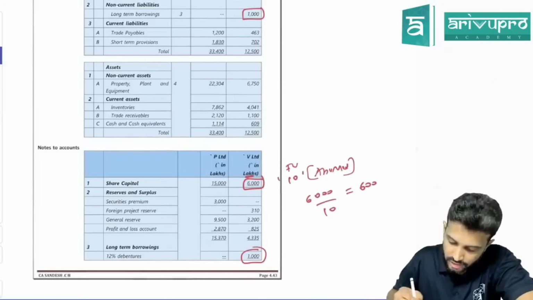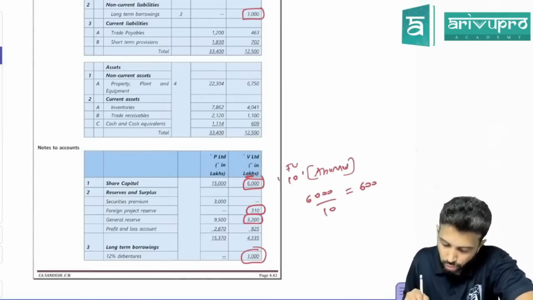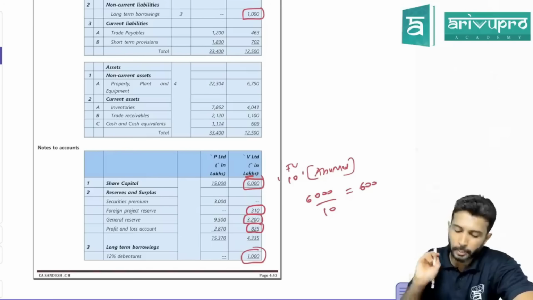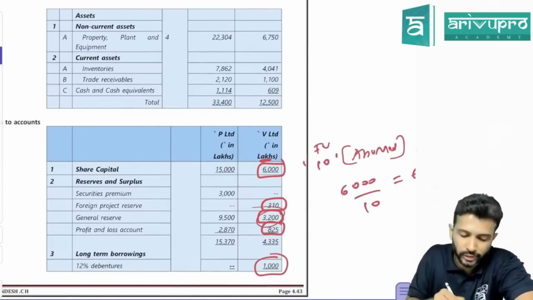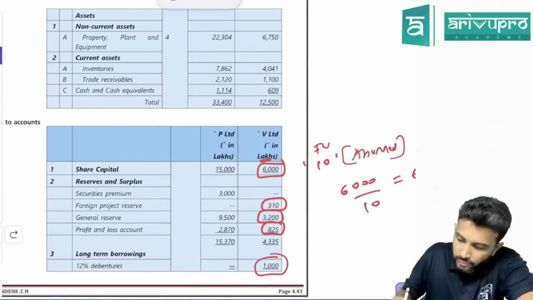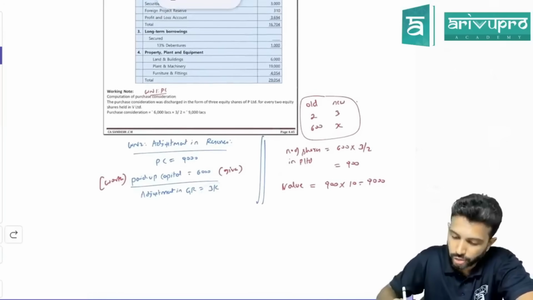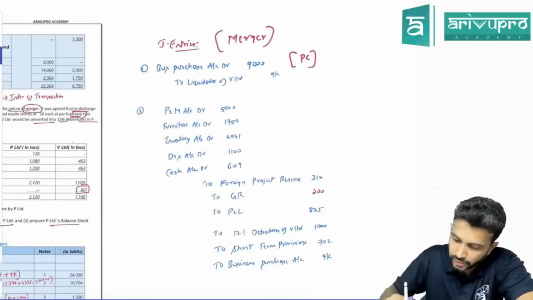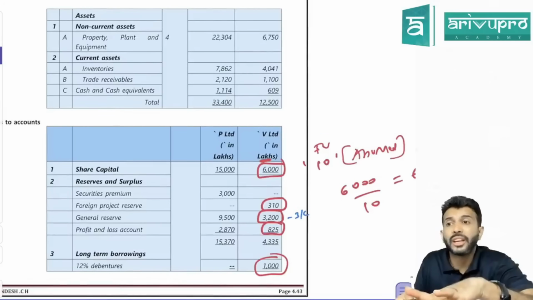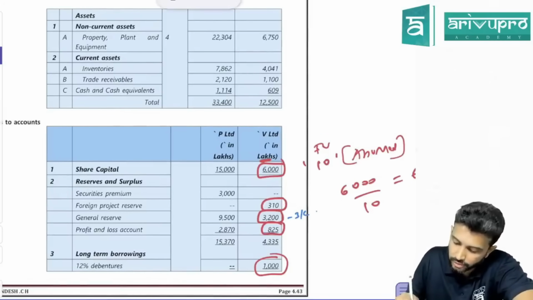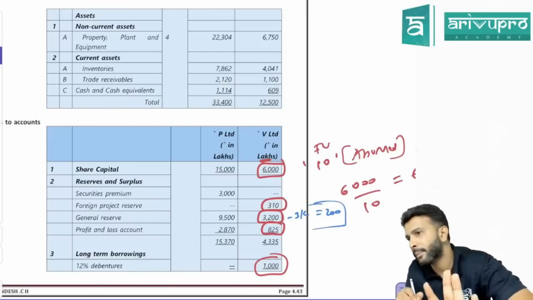What are the reserves and surplus of the selling company? Foreign project reserve 310, general reserve 3,200, P&L account 8,250. One by one you need to show, but general reserve you will not show at 3,200. Why? Sir, we have to adjust something in general reserve. How much do you have to adjust in general reserve? 3,000. So though you are taking over 3,200, you have to adjust. Since we made a loss of 3,000, this will be adjusted with general reserve. So how much balance will be there? 200 rupees. Okay, sir? Any problem?